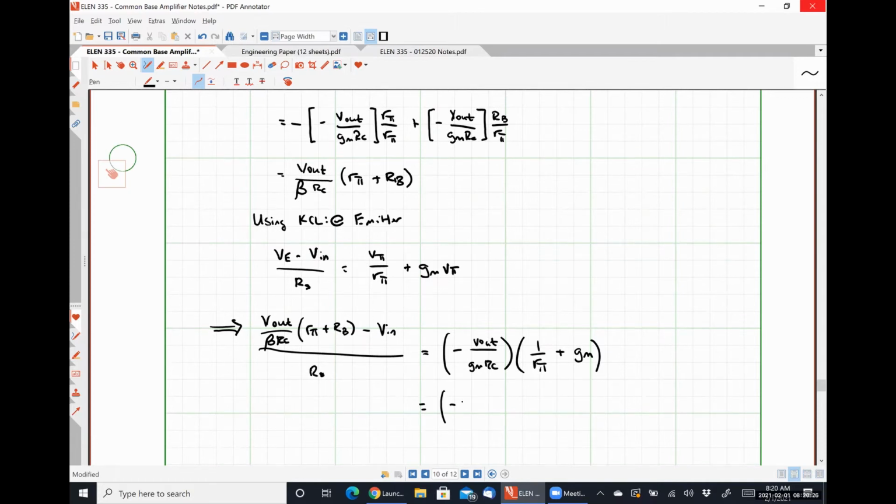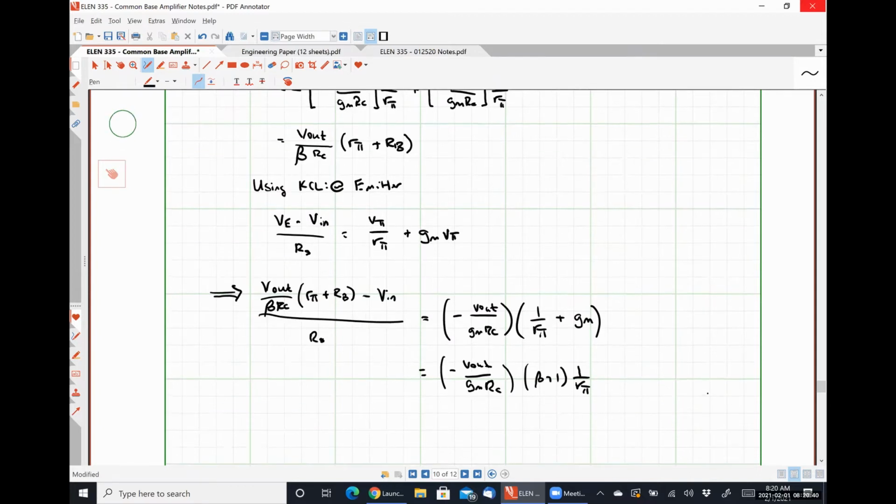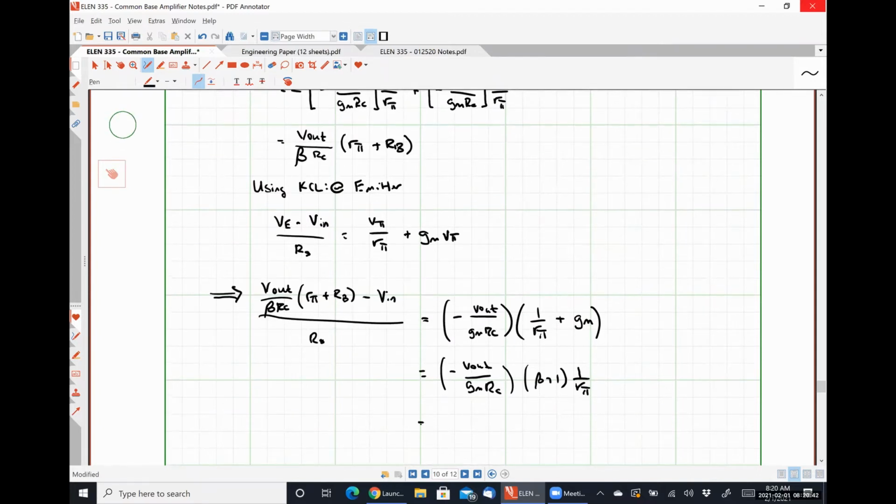Which gives me negative V out over GM RC times beta plus 1 over R pi. Finally giving me negative V out over RC multiplied by a factor of beta plus 1 over beta.